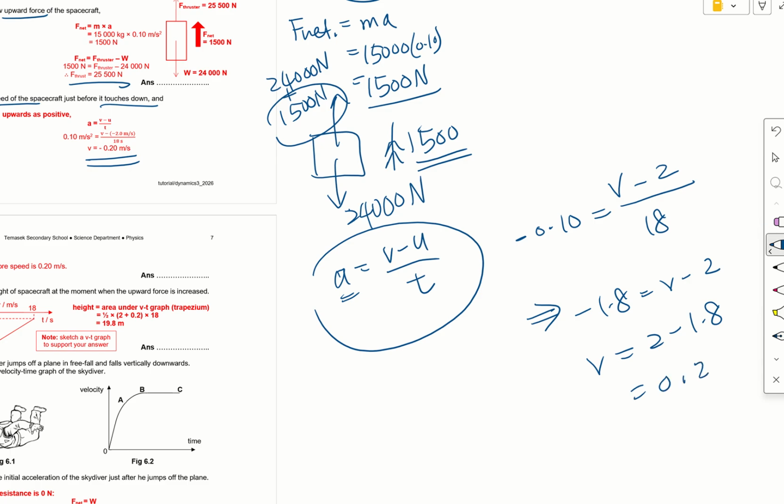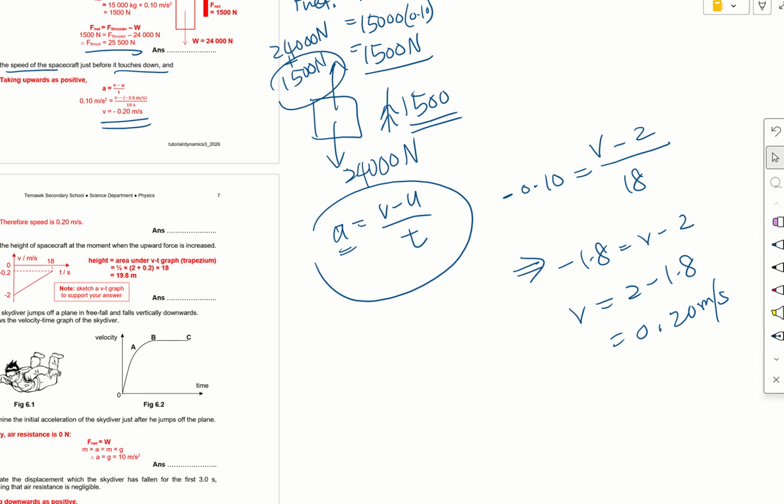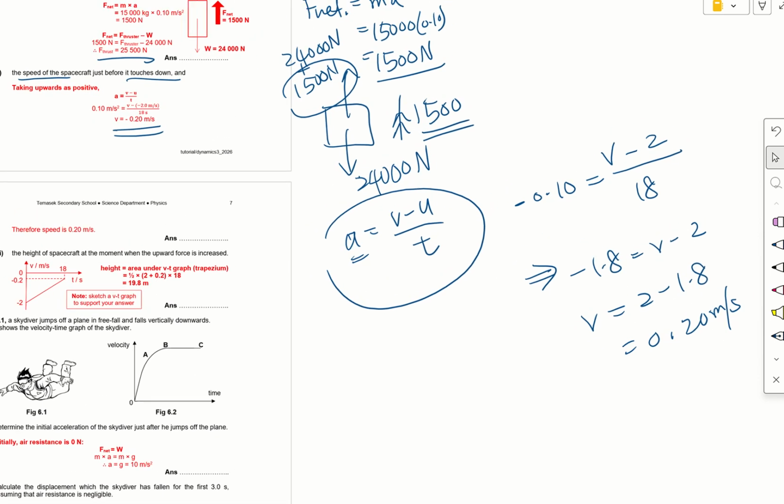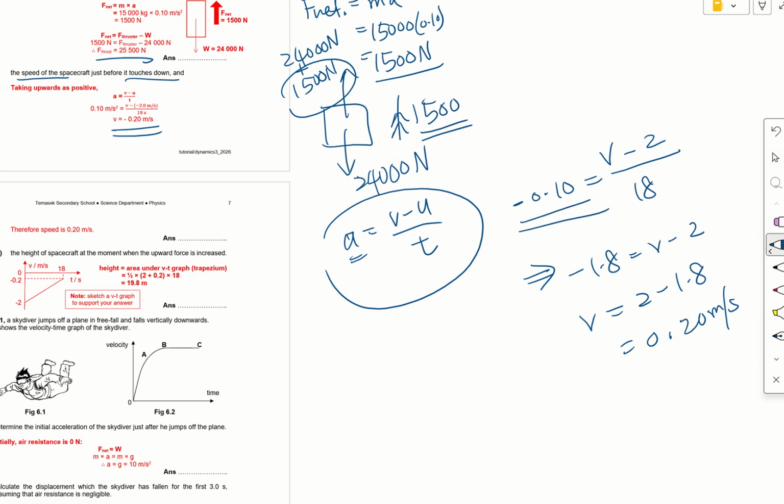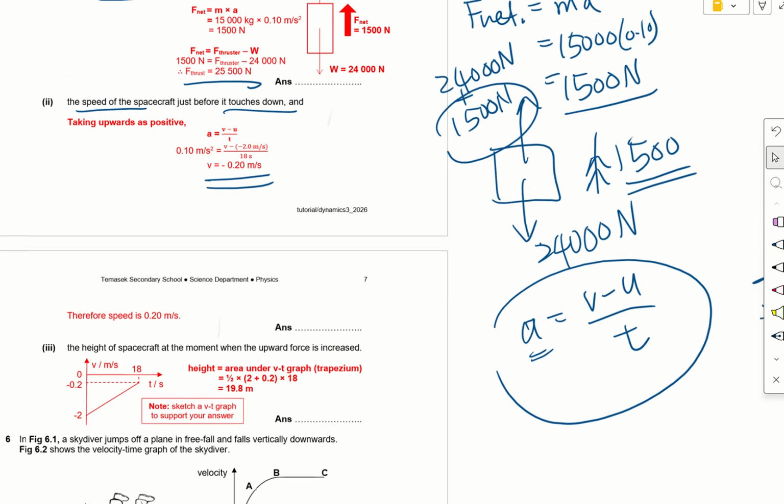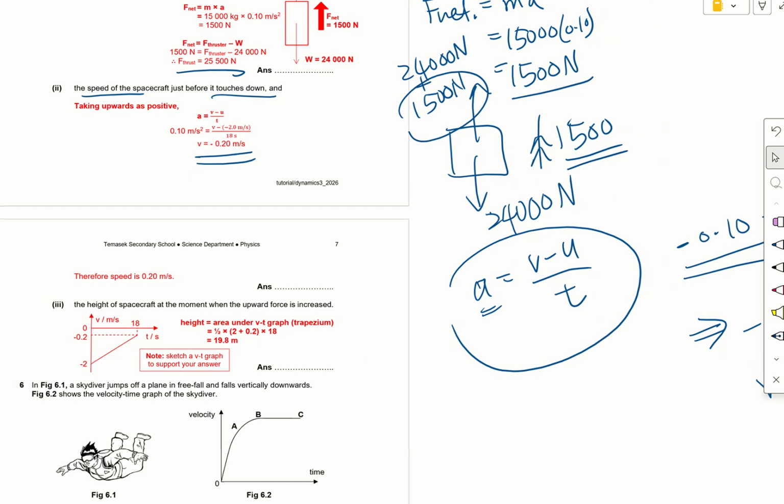So it's 0.20 meter per second. In this case, I let the acceleration become negative, that's why I get a value of 0.2. But in this solution, they take upwards as positive, so they just do it this way.